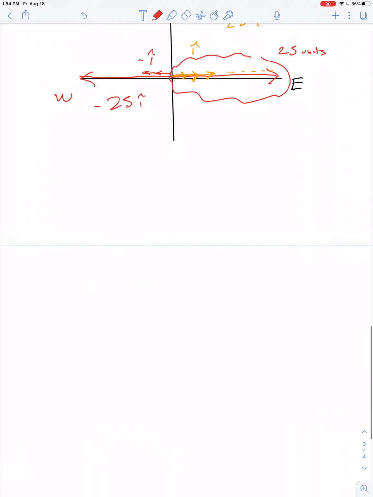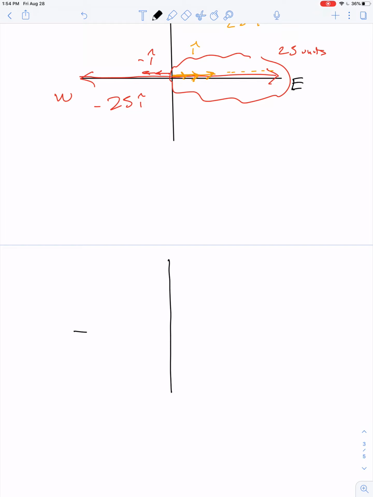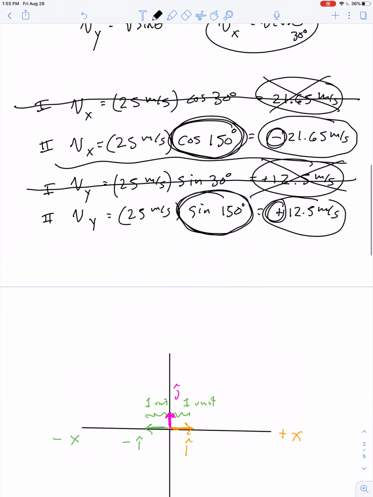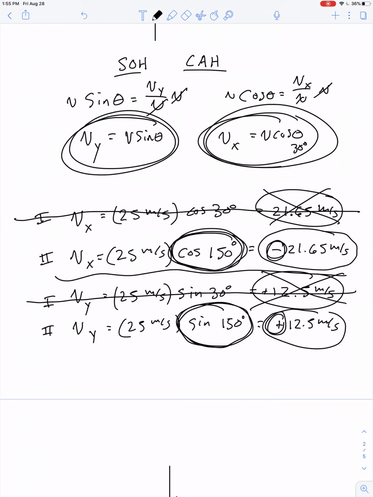So the question we have is, how could I represent the vector that corresponds to a velocity of 25 meters per second directed at 30 degrees north of west? Well, since that's the same thing as 150 degrees off the x-axis, we use these formulas to find the components.